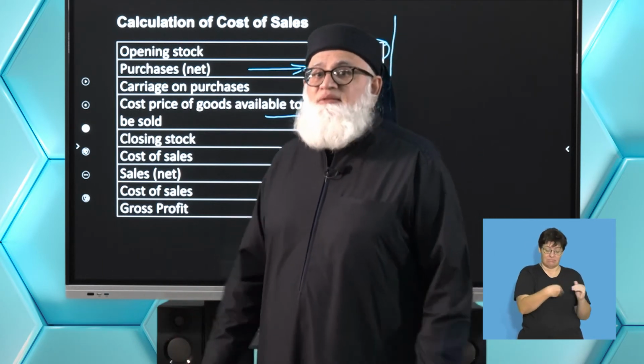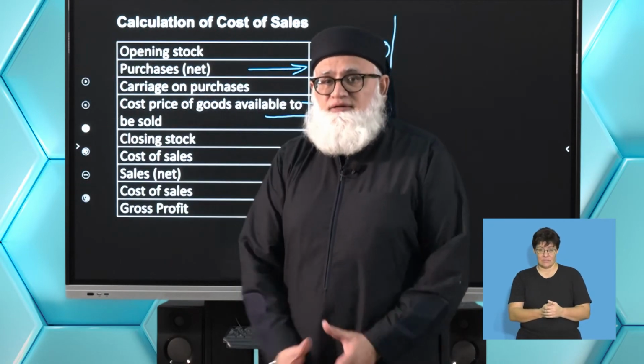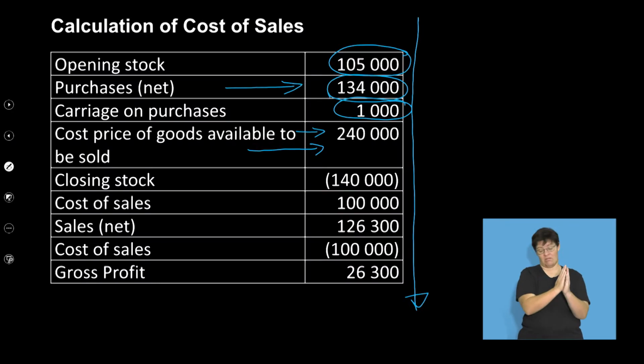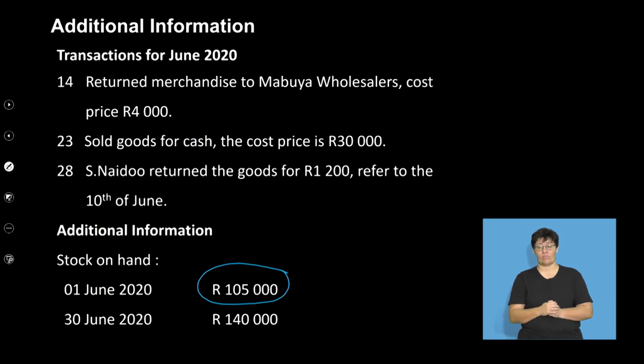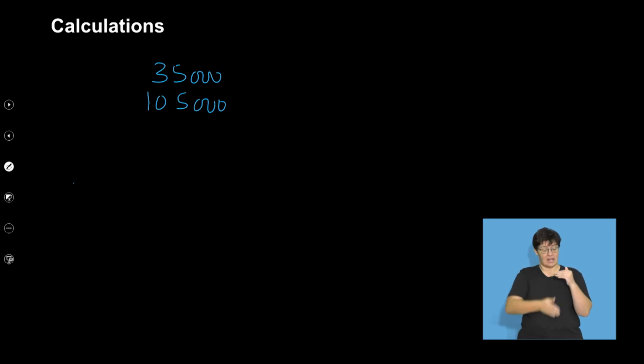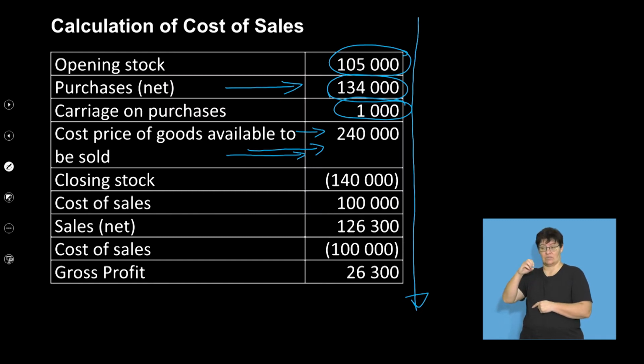In other words, in your business for the year, you had merchandise or goods available to resale to the value of 240,000 Rand. Okay, now we go back and we find out that we have additional information here. The closing stock amounted to 140,000 Rand. Therefore, you bring in your closing stock figure of 140,000 Rand.